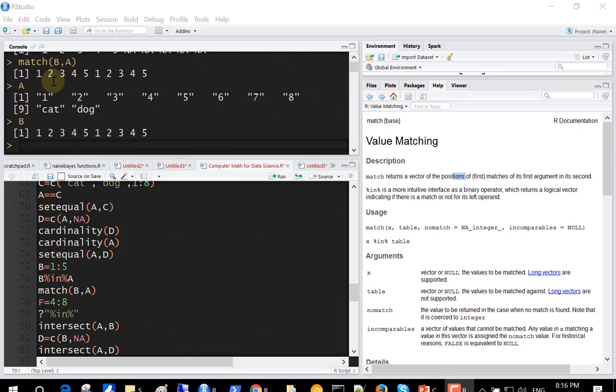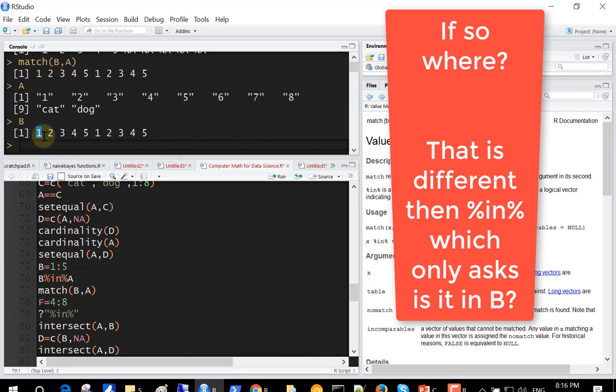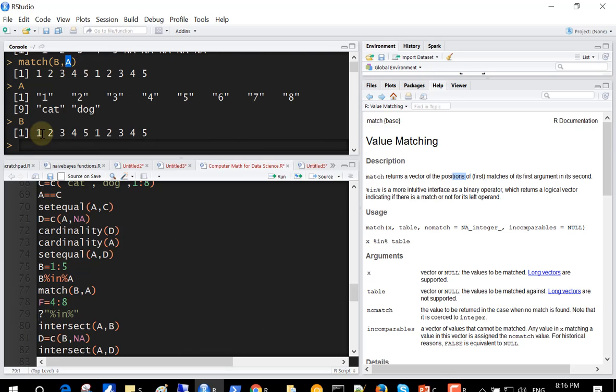So what we have is for matching, match B A, here's B and here's A, and match B A says, is this in A, and if so, where? So is this in A? Yes. And where is it? It's in the first position. So that's why we get 1 here.